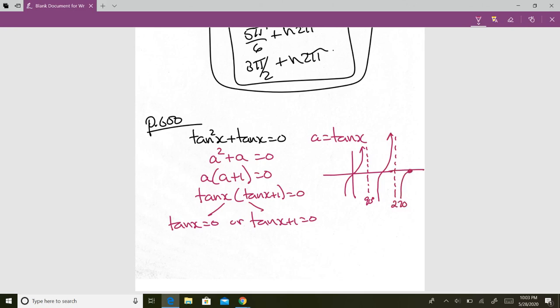Okay, so where does the graph equal 0? Well, hopefully you can see there, there, and there. Those are the x-intercepts. So that means x is equal to 0. That's 180, it's halfway between. And that is 360.